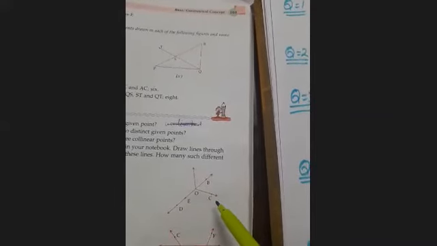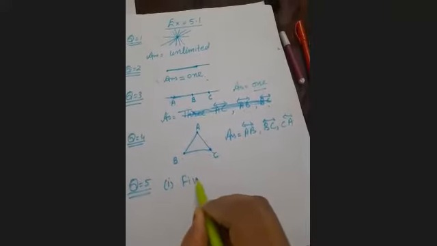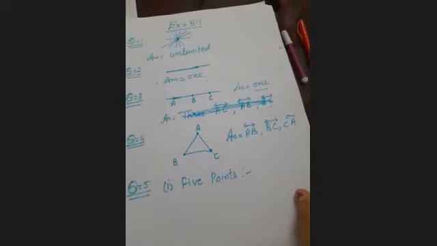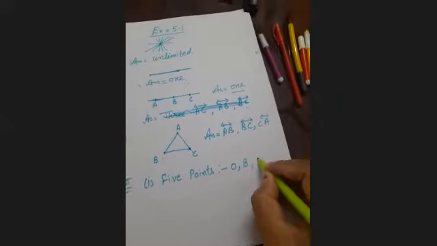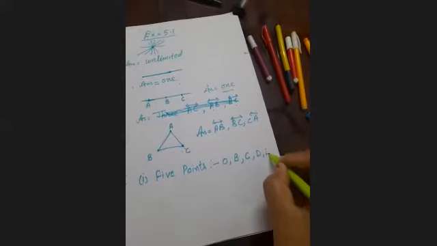In this figure, we have points D, E, O, B, and C. These are 5 points. So your answer, for the first part: the 5 points are O, B, C, D, and E. Yes, friends, this is your figure.